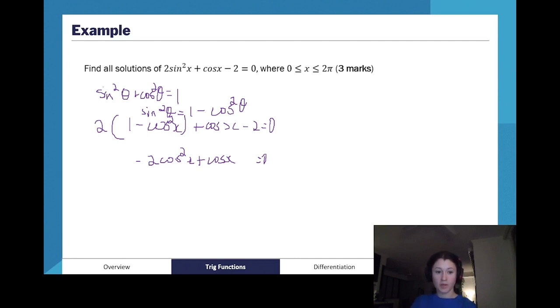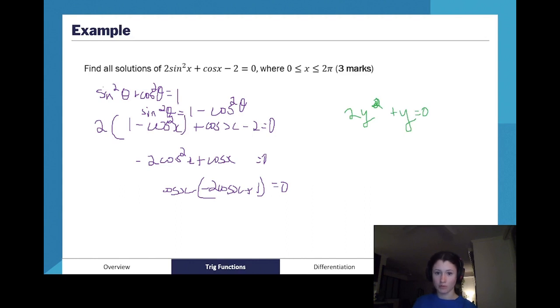All right, so for this one here, what we can actually do is factorize out cos x and use the null factor theorem. So this is a similar situation to if we had 2y squared plus y equals 0.